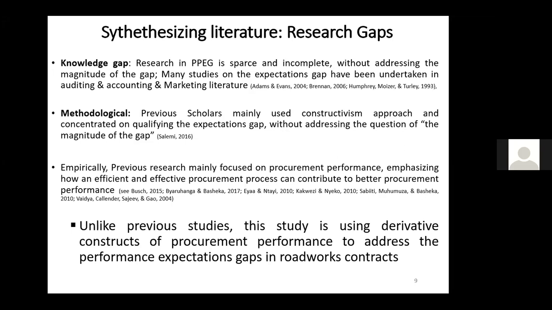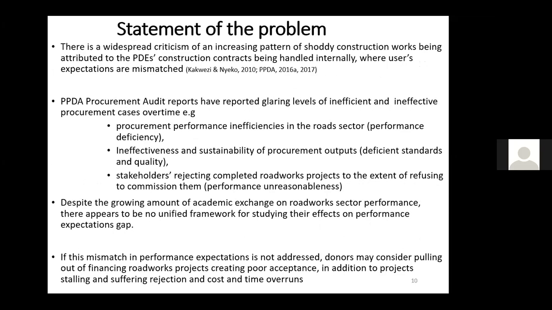However, we note that right now, instead of achieving procurement performance, we are instead achieving destructive procurement performance, as the various scholars have termed it. So unlike previous studies, which focus on procurement performance, and yet the reality on the ground shows that there is destructive procurement performance, this study is using derivative constructs of procurement performance to address the performance expectation gap in roadworks.